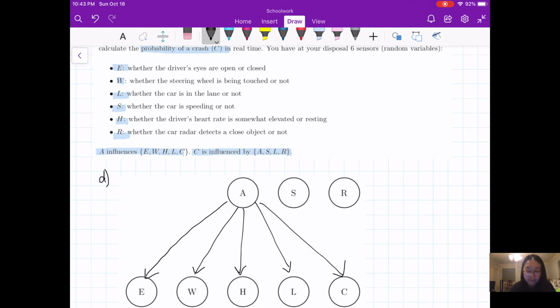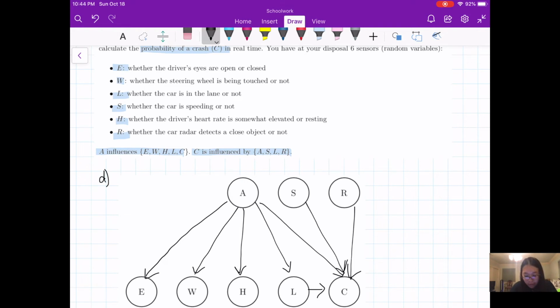It says C is influenced by A, S, L, and R. So there is an edge going from each of those 4 nodes to the C node. We already have the A edge, so we can just add the S edge, and then the L and the R. We will ultimately get this graph where everything points from the top to one of the nodes on the bottom, except for the L to C node. And that's how you represent it.